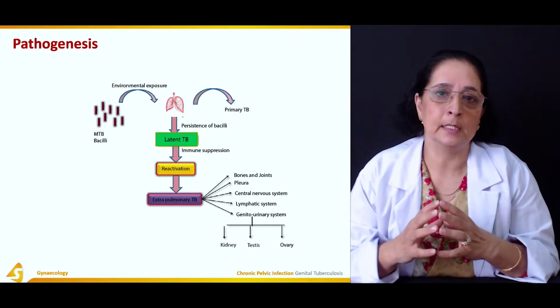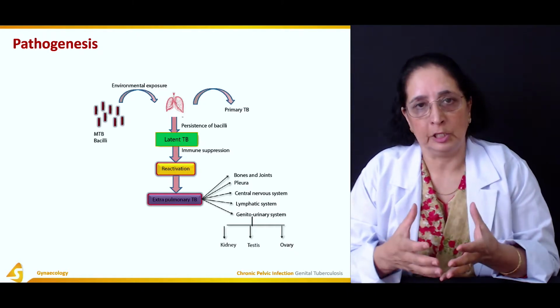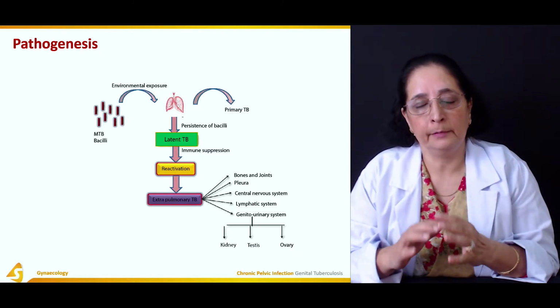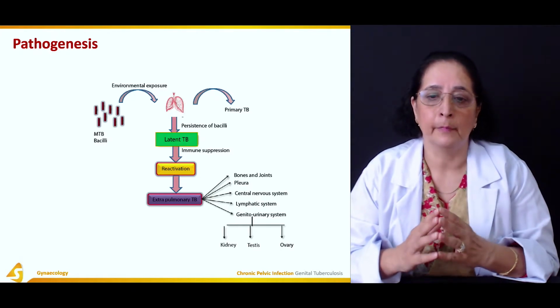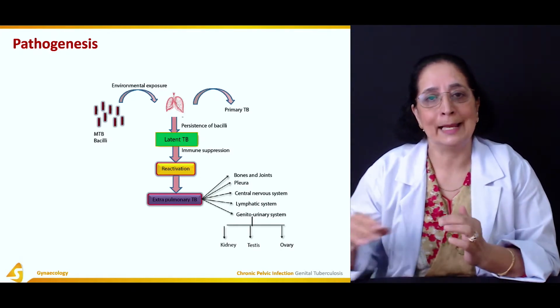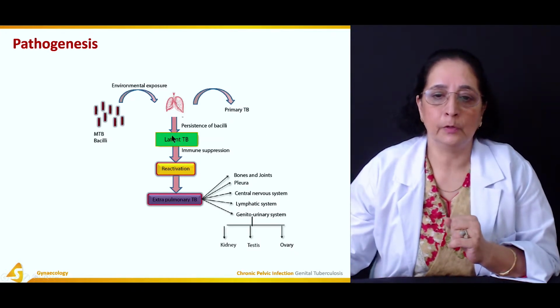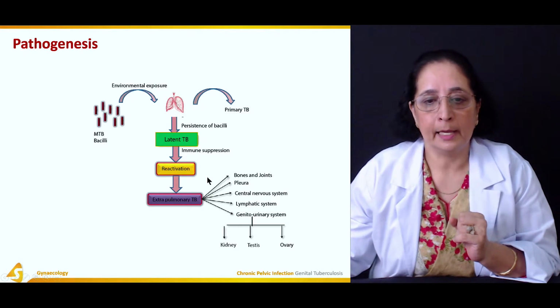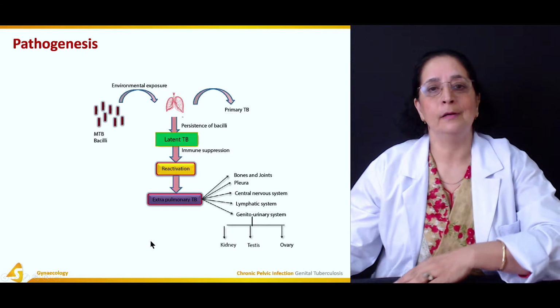The immune system is the system that protects us from different infections. A decrease in the capacity of the immune system can lead to reactivation of that latent tubercle bacillus, and that can then spread to extrapulmonary sites.